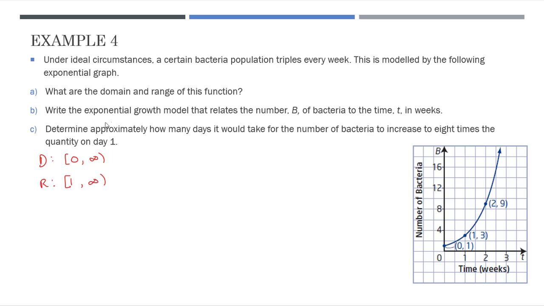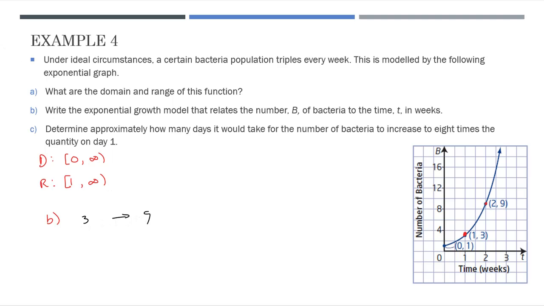B, write the exponential growth model that relates the number b of bacteria to time t in weeks. So again, we're looking for what happens as x increases by 1. So from here to here, we've got an increase of 1 in the x. Let's look at those y values. It looks like they go from 3 to 9.